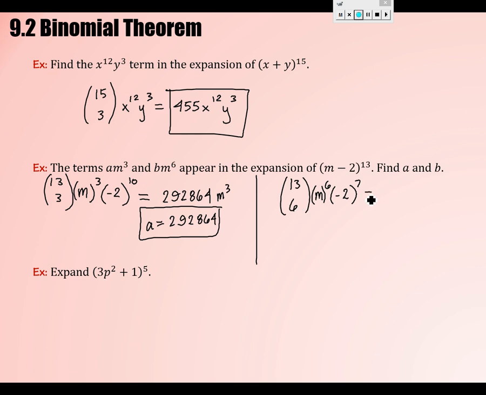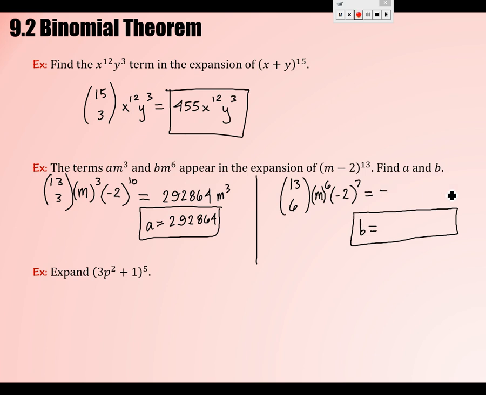Yeah, so notice here that we have to be a little careful. So 13 choose 6 on your calculator, you're multiplying this time by -2 to the 7th, which is -128. But notice here that the coefficient comes out to be a negative number.